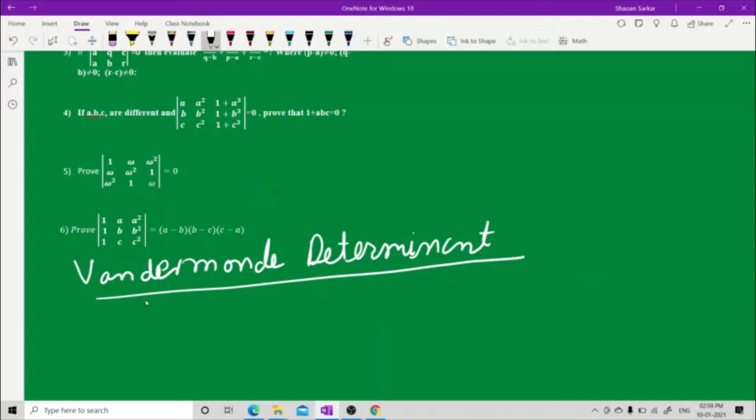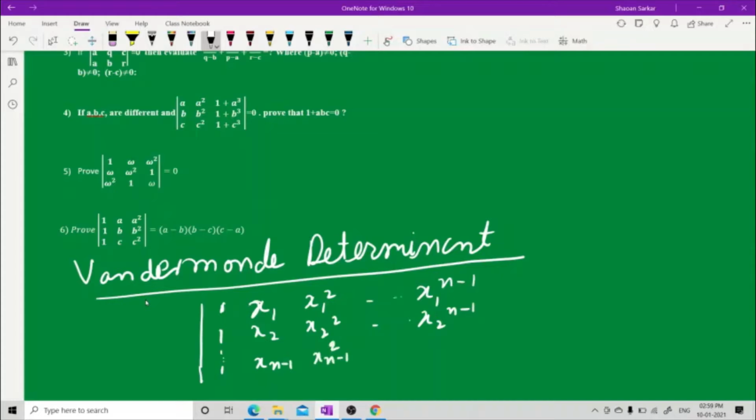Now, if we have 1, x1, x1 square up to x1 to the power n minus 1, then 1, x2, x2 square up to x2 to the power n minus 1, and so forth up to the last row, 1, xn, xn square up to xn to the power n minus 1, which is basically an n cross n determinant.